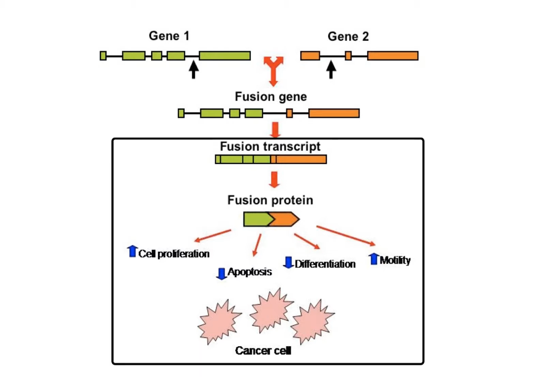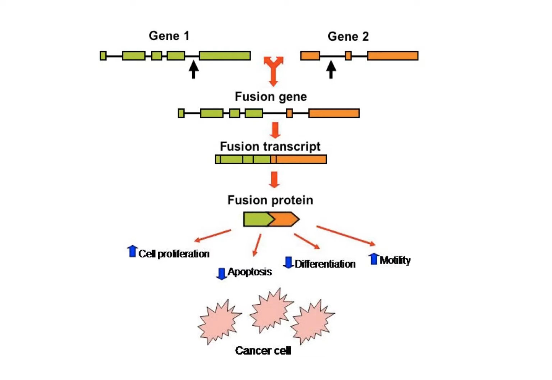And so when you get that fusion transcript and fusion protein, often this can increase cell proliferation, decrease apoptosis or cell death, decrease differentiation of those cells, and also increase motility, making them more likely to metastasize.